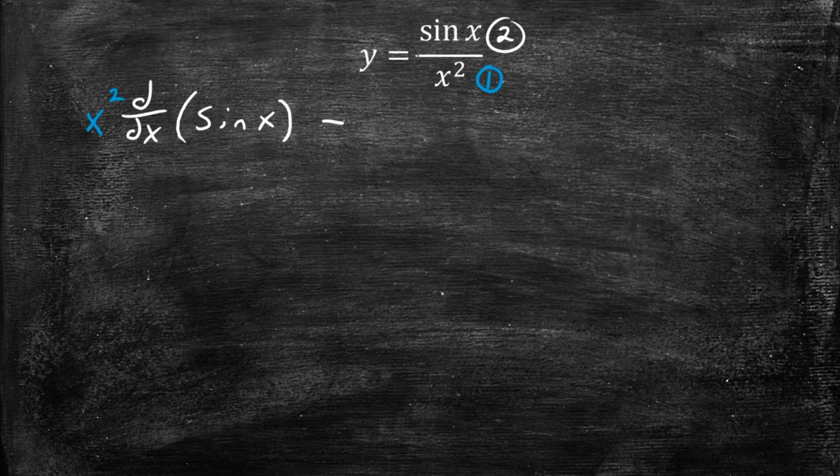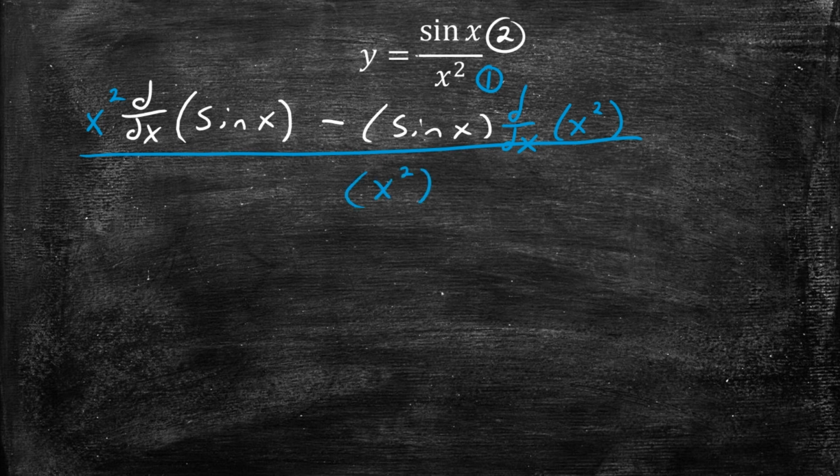And that's going to be subtracted by equation number 2, stays the same this time, so sine x times the derivative of equation number 1, d/dx of x squared. That is going to be all divided by equation number 1 squared, so x squared squared.